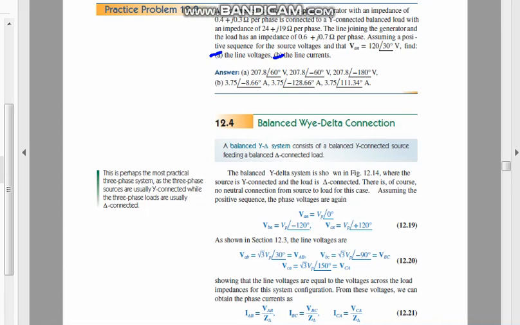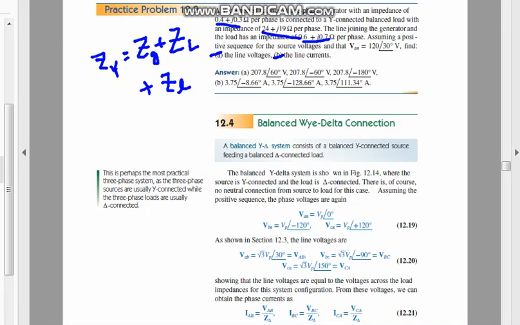And in the first lecture I found ZY by a simple equation, by adding up three impedances: ZG, the impedance of the generator; capital ZL, the impedance per phase of the load; and small zl, the impedance per phase in a single line. So these three impedances are added up, and then we can easily get our result.